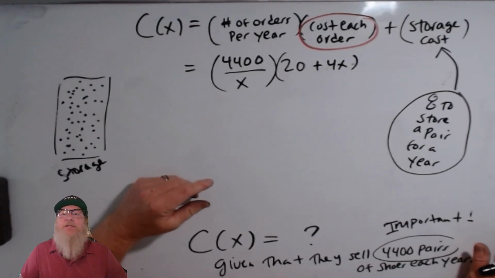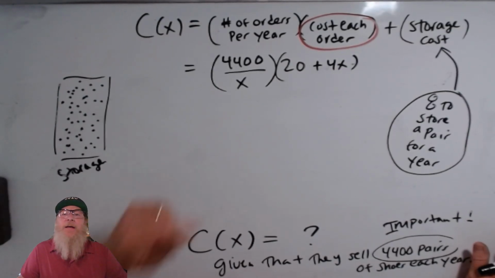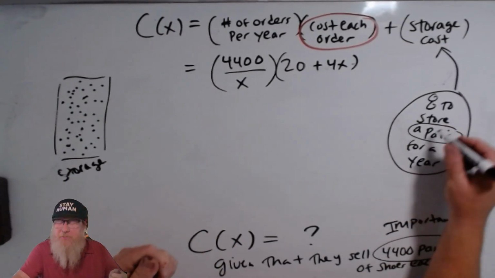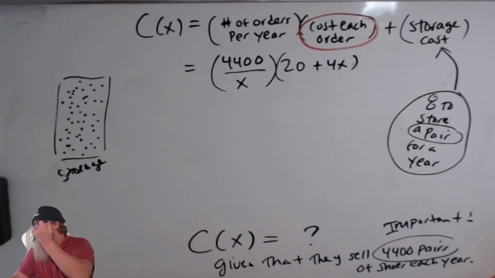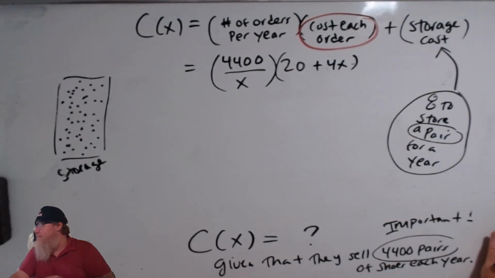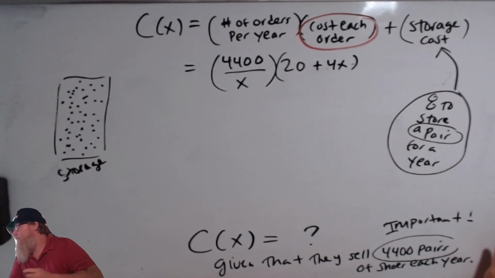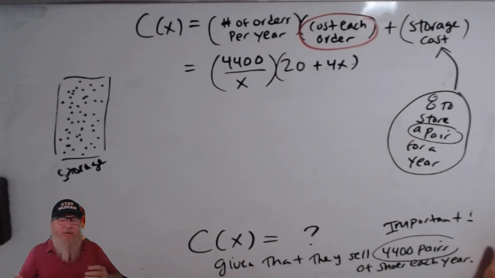It's only $8 to store a pair for a year, right? But it's not. It's $8 for each pair of shoes, right? So how many pairs of shoes do we have?